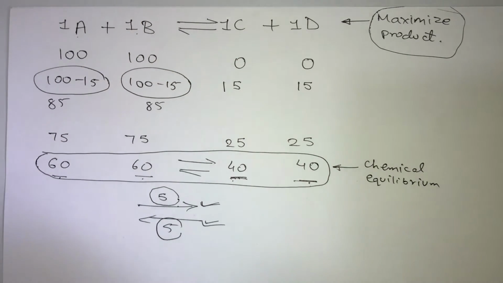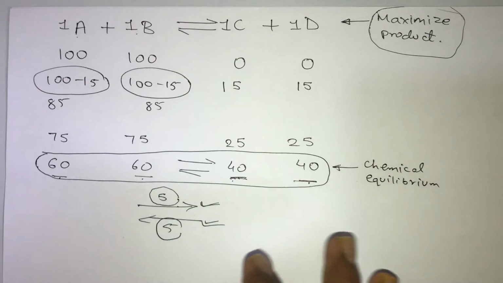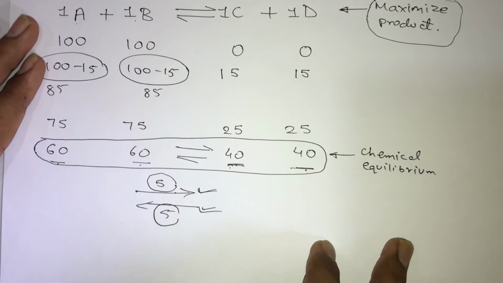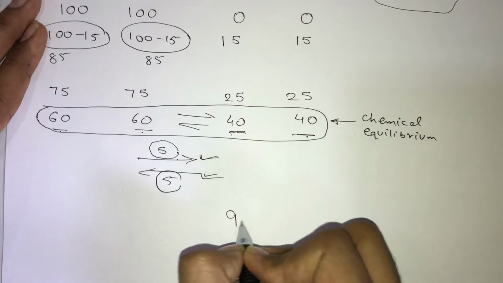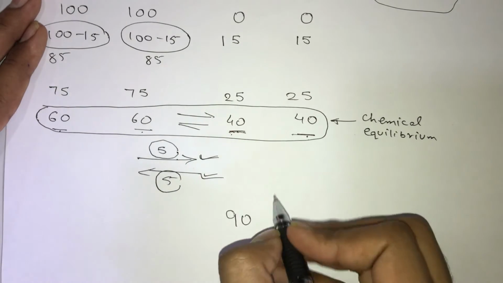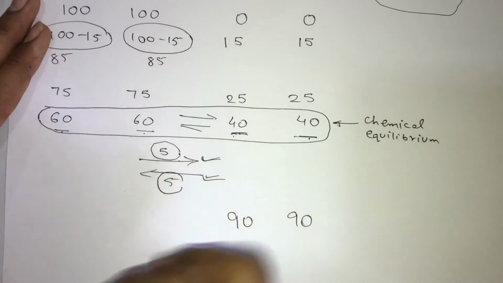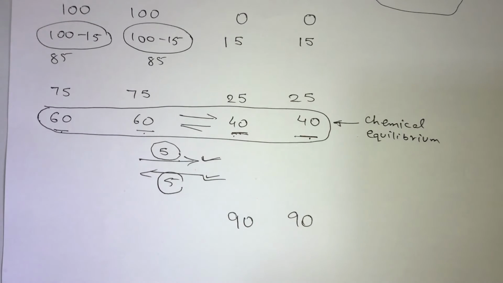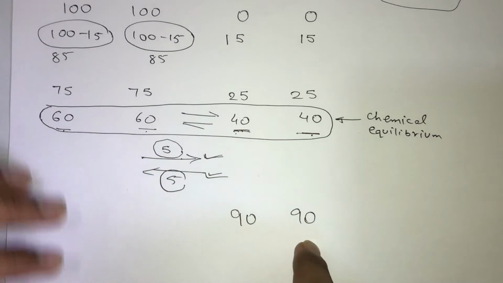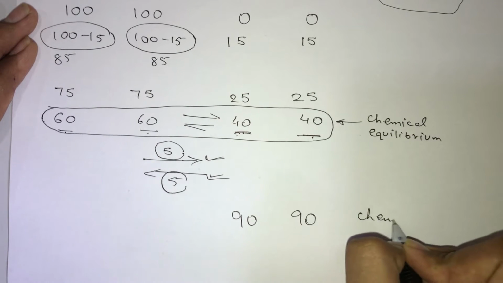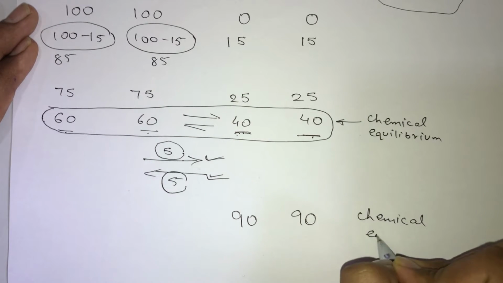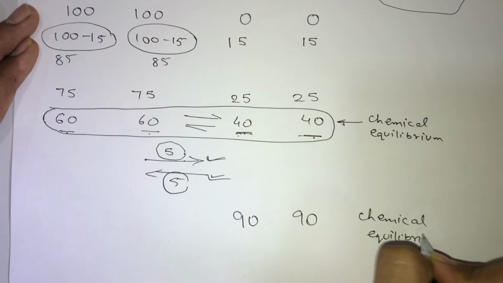Now as a manufacturer, what will you expect? You will expect the chemical equilibrium to take place when you have at least 90 moles of C and 90 moles of D. So when you have at least 90 moles of products, at that moment you will expect the chemical equilibrium to take place.